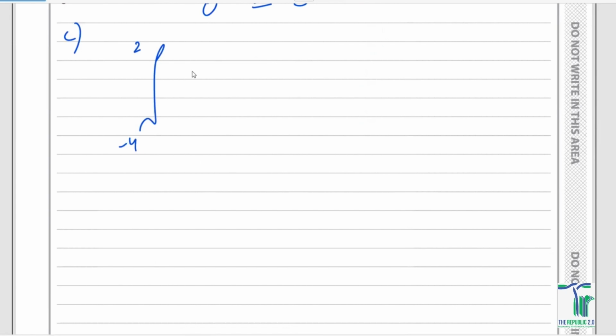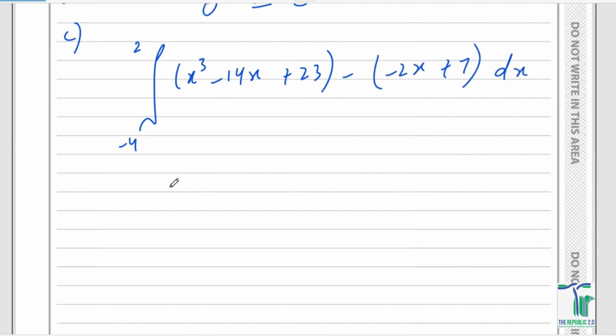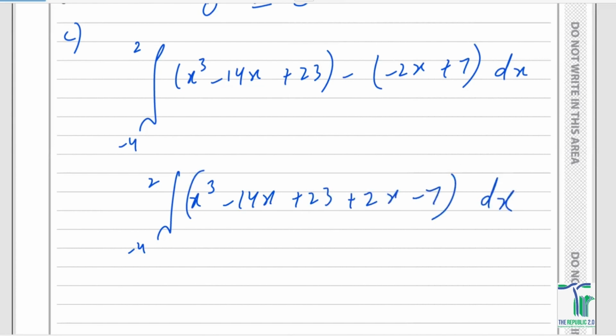And you've got the two functions, which are x cubed minus 14x plus 23 minus (-2x plus 7), times dx. So you would be having the integral from -4 to 2 of x cubed minus 14x plus 23 plus 2x minus 7, dx, right?